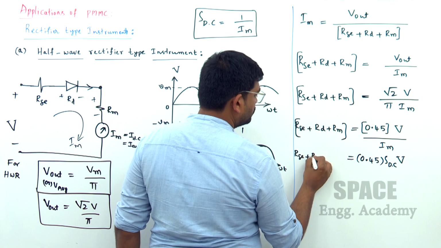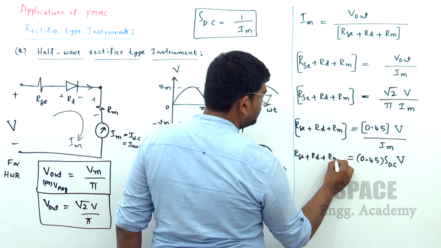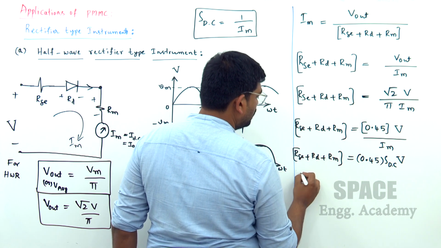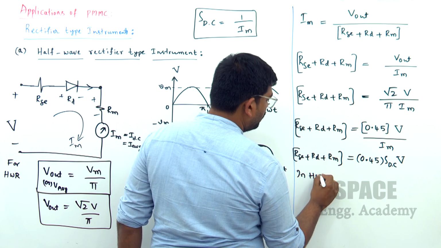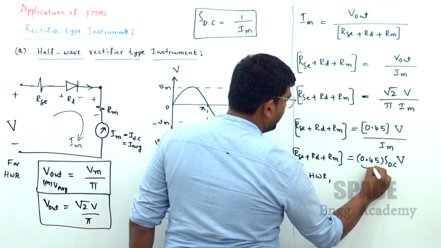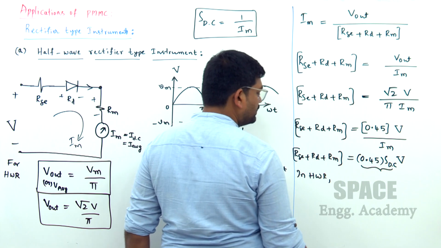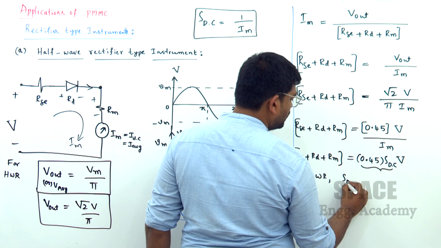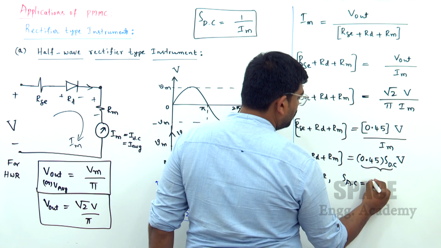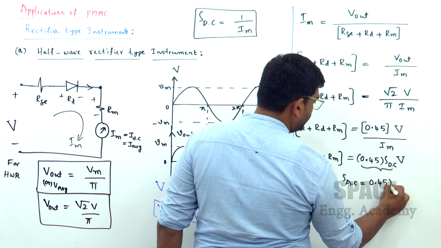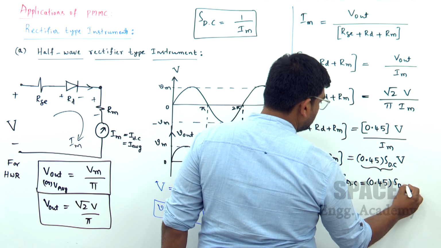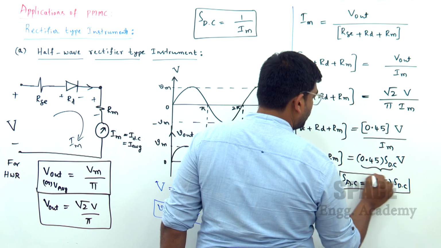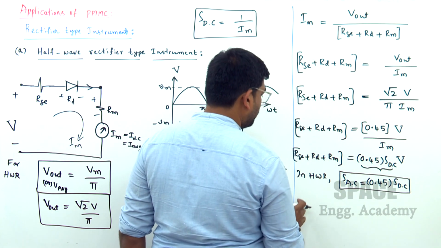So now, what is another important observation here? In half wave rectifier, this I can even replace with AC sensitivity. So AC sensitivity in half wave rectifier is 0.45 times DC sensitivity. Right, another important relation we need to memorize.